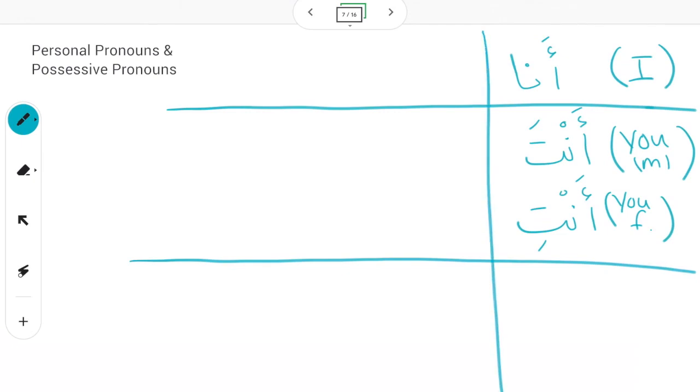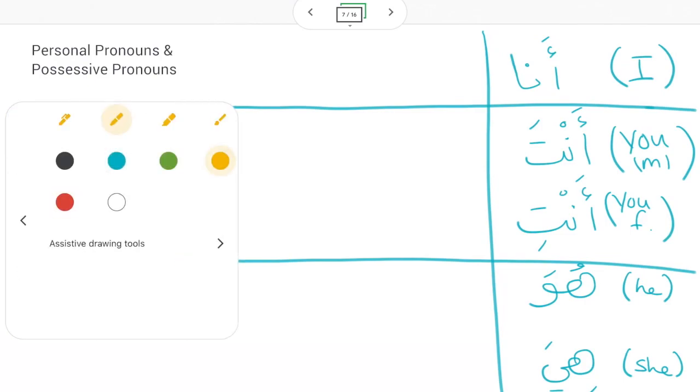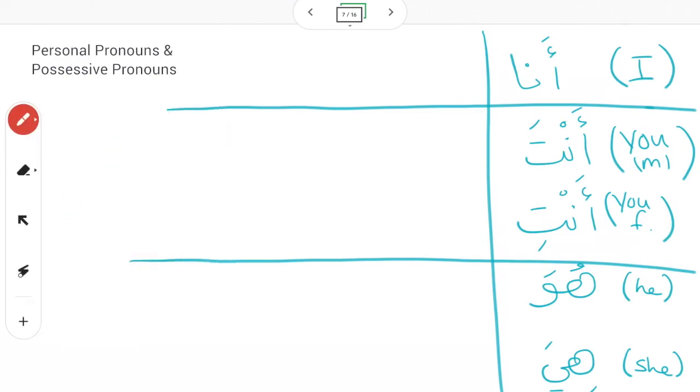Okay. And third person, huwa, which is he, and hiya, which is she. This is third person. Okay. So we have first person, second person, third person. First person is when you're talking. Second person when you're talking to someone.